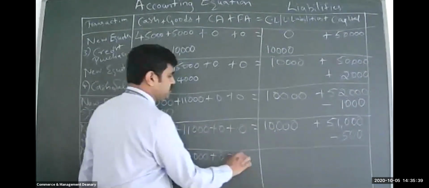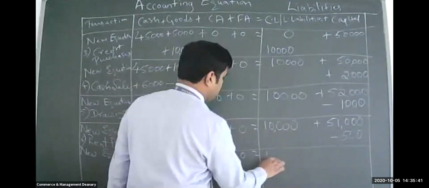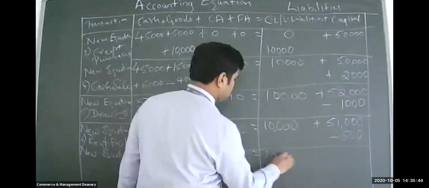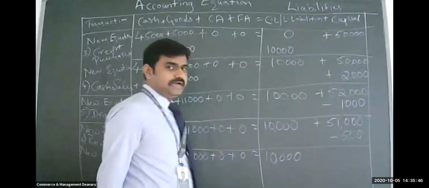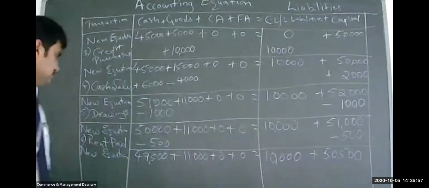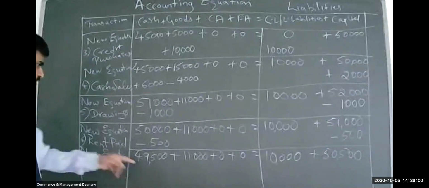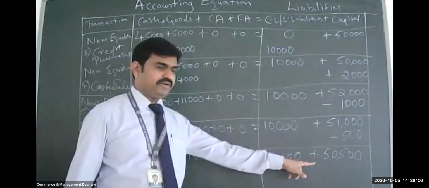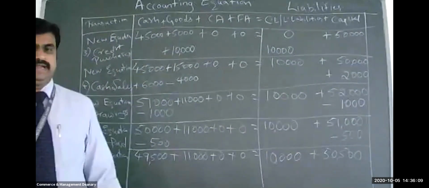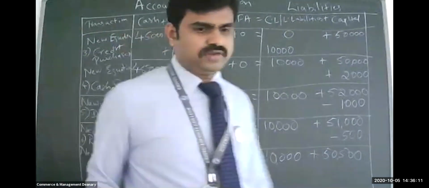Current asset 0, fixed asset 0. Current liability no change, 10,000. How much is capital now? 50,000 minus 500 is 49,500. Is it tallying? You check. How much is it now? 60,500. Here also 10,000 plus 50,500 is 60,500. Your equation is correct. Go to the next one.